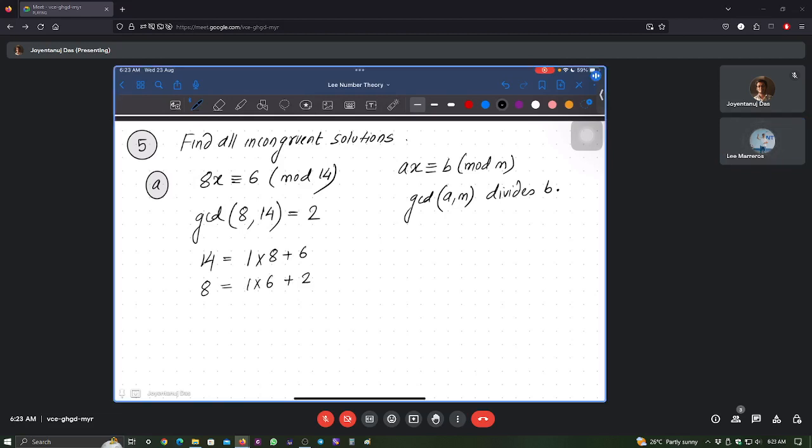So 2 is the GCD, and we have achieved it.